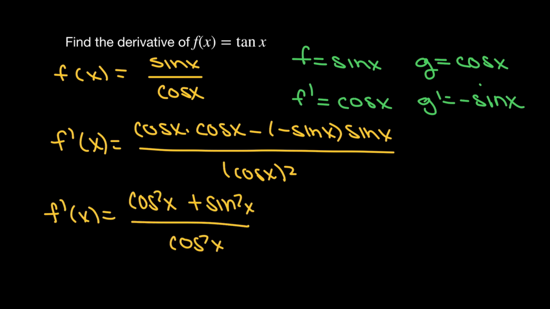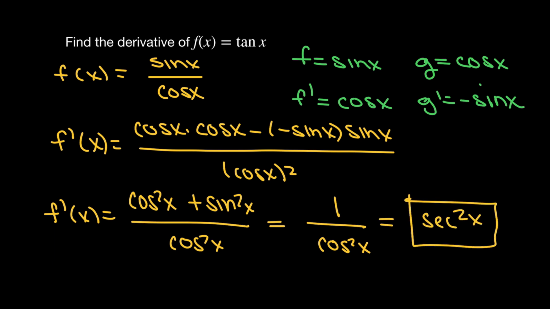x squared. This simplifies down to cosine squared x plus sine squared x divided by cosine squared x. And there is a trig identity, the Pythagorean identity, that says cosine squared plus sine squared is equal to 1. So we can rewrite this as 1 over cosine squared, which is the same as secant squared of x.